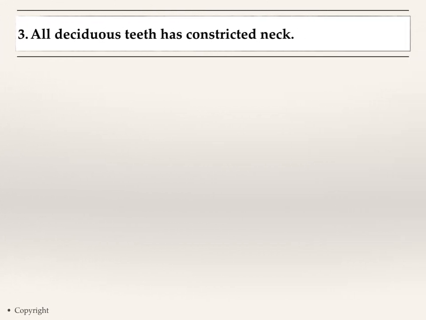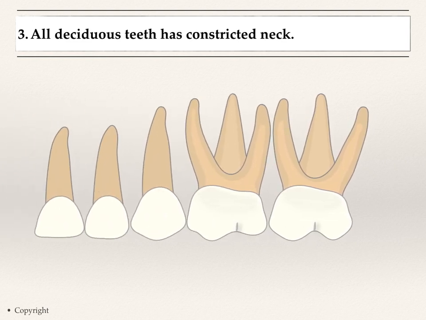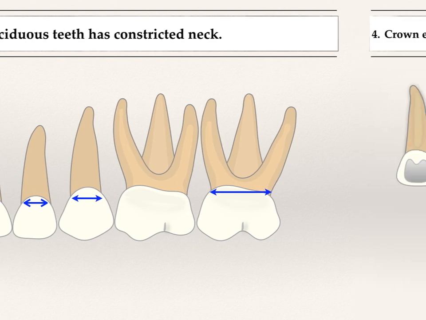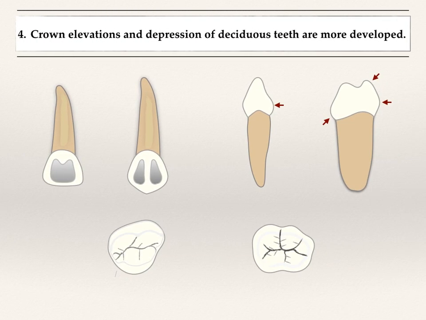All deciduous teeth have a constricted neck. Crown elevations and depressions of deciduous teeth are more developed.